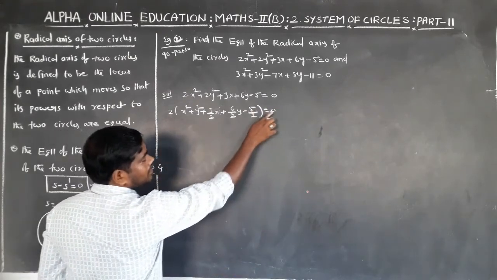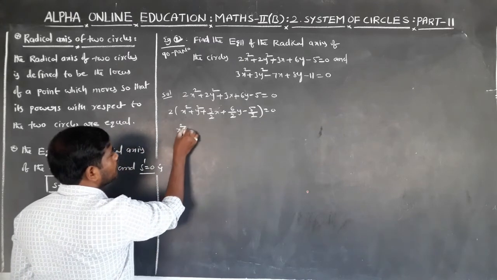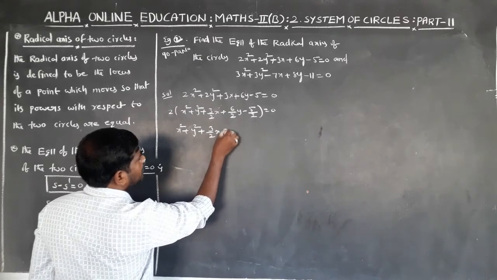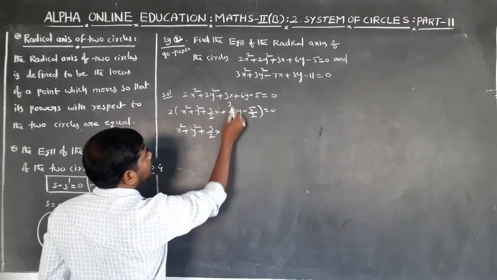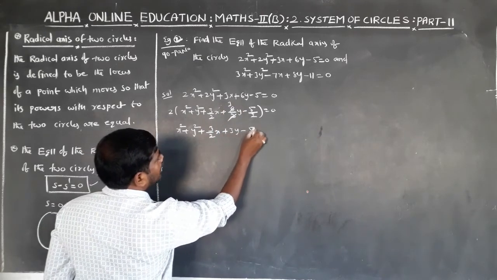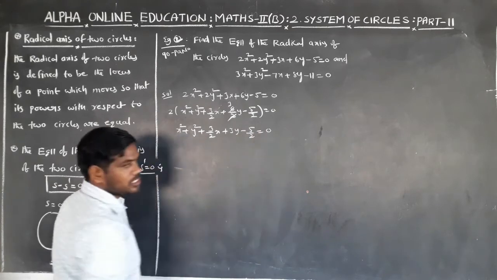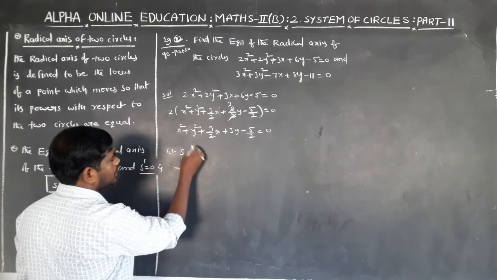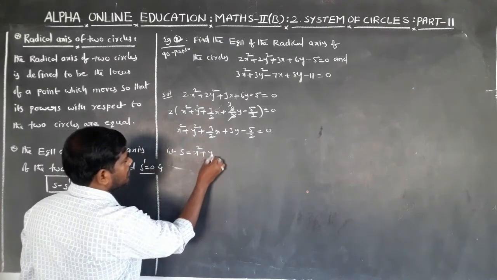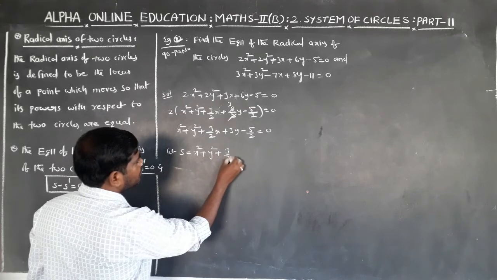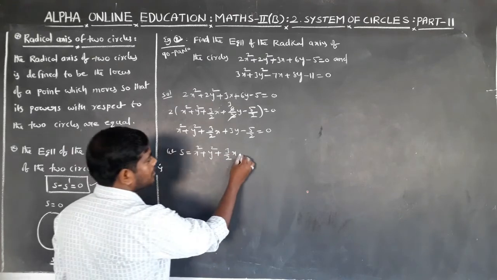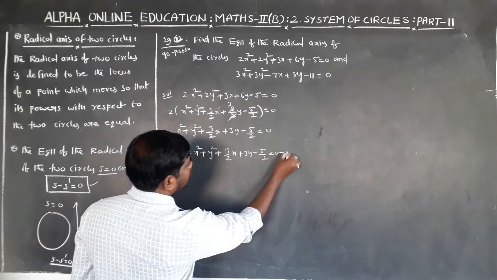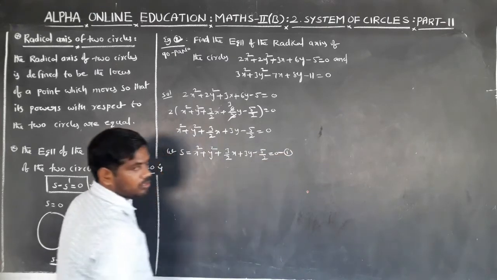Let the first circle be S is equal to x square plus y square plus 3 by 2x plus 3y minus 5 by 2 is equal to 0.